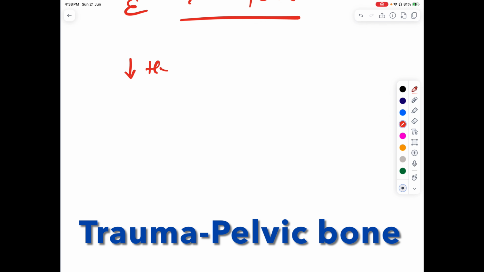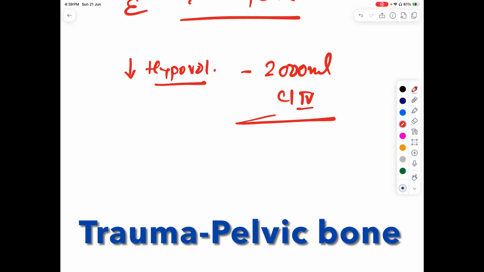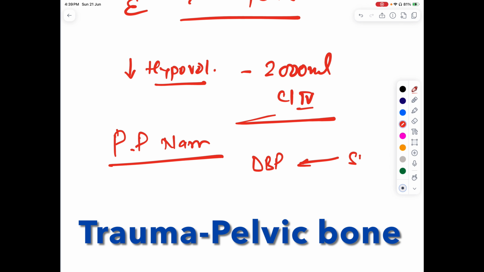Definitely hypovolemic, with a lot of blood loss, around 2000 ml. So these are class 4 shock, more than 2000 ml is lost. And now the pulse pressure will be narrow. The body tries to maintain diastolic BP and systolic BP is falling down, so it is the difference between diastolic and systolic.